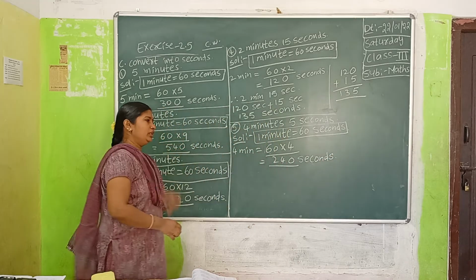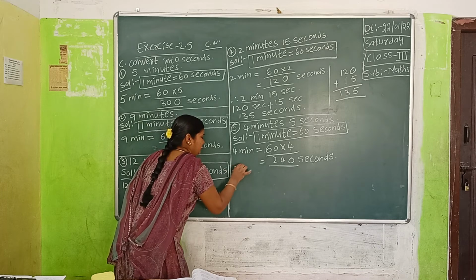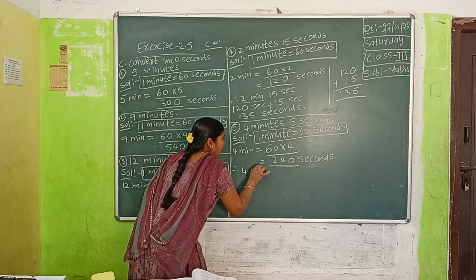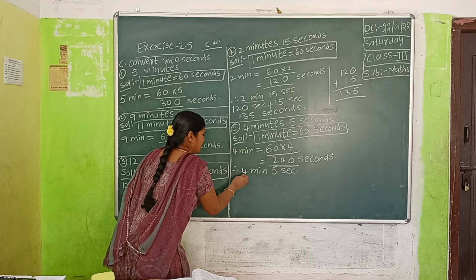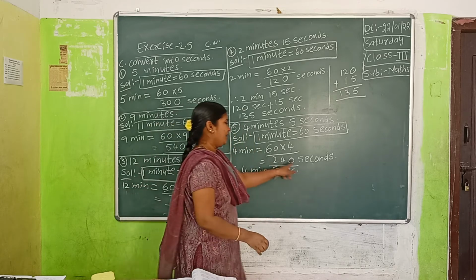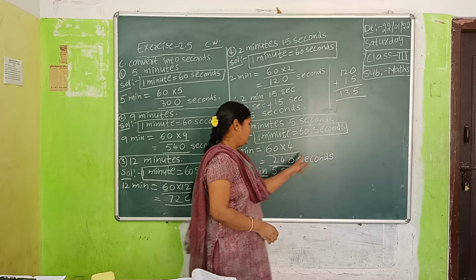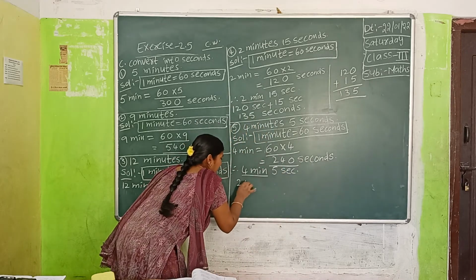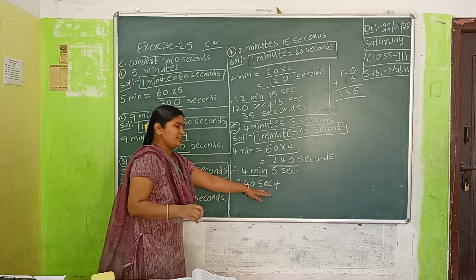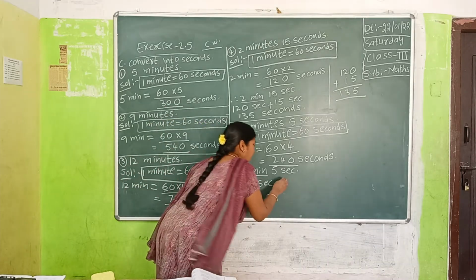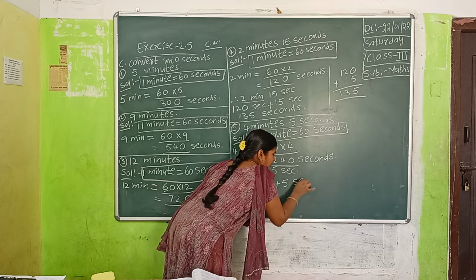Now write down the given question. 4 minutes 5 seconds. This 4 minutes place I am taking the seconds value. That is 240 seconds. Here also we have seconds unit. Here also 5 seconds. Same units.